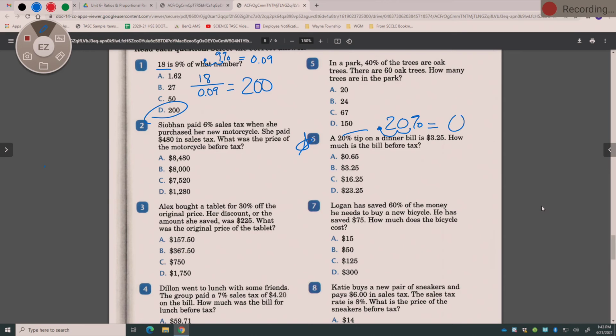So 20% equals 0.20, which is the same as 0.2. So then I do my part, which is 3.25. I divide it by my percent, which is 0.2, and I get my whole, which is 16.25.